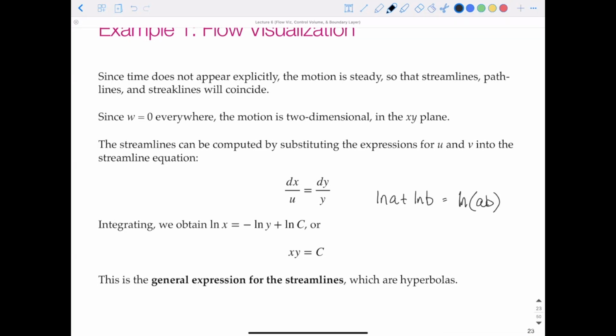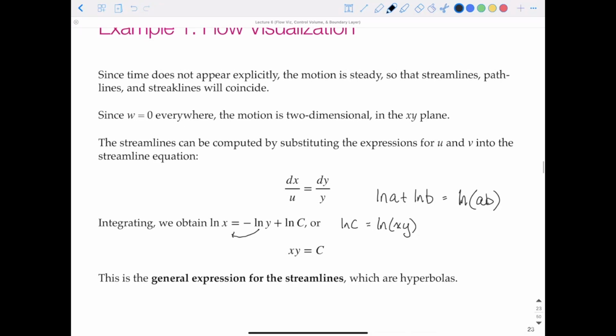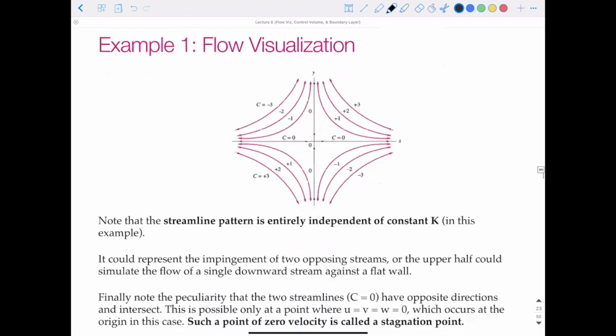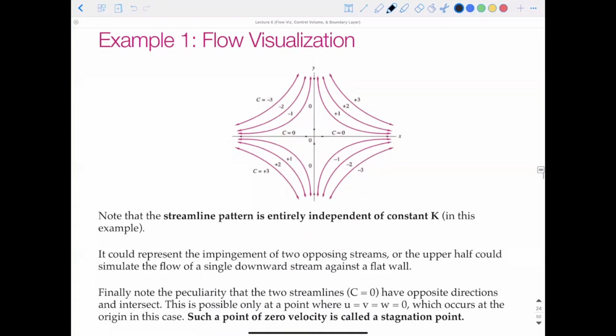So if we move the ln y to this side, then we can say ln C is equal to ln xy. Take the exponent of both sides, the lns go away, and we're just left with C and xy. So we have C is equal to xy.